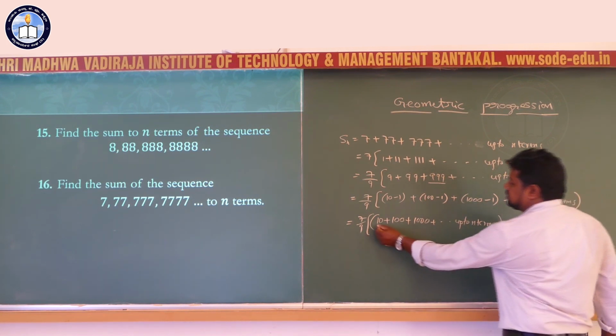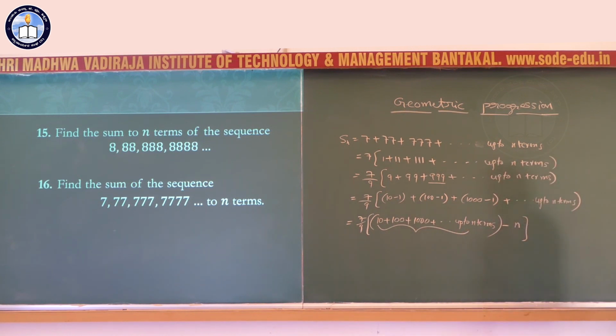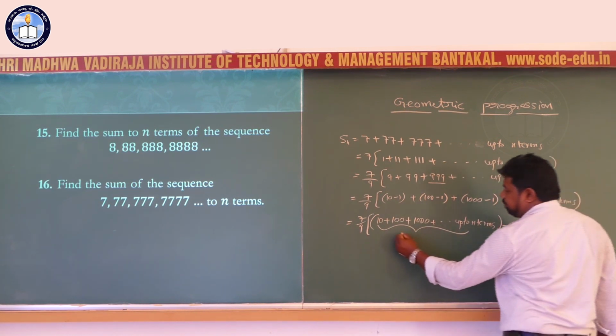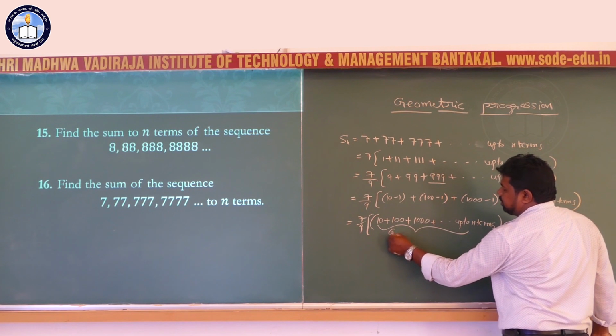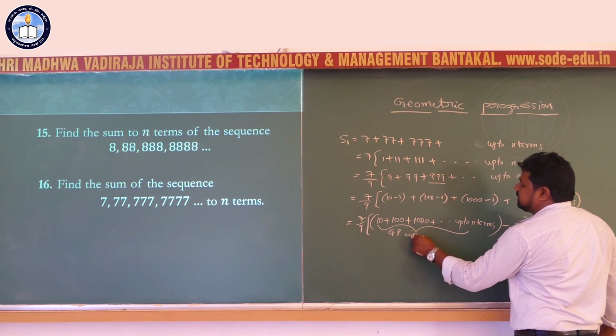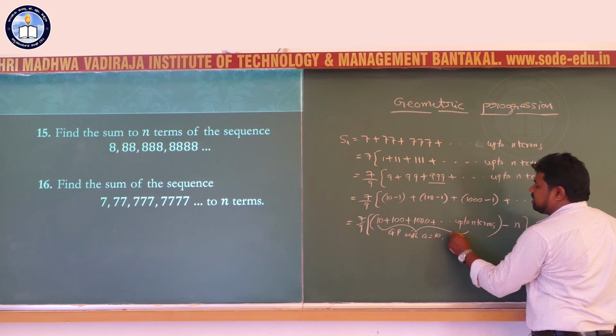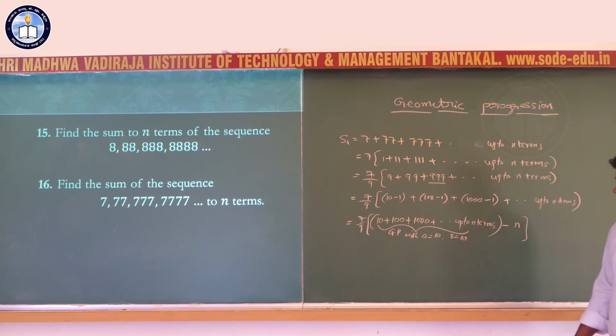This 10 plus 100 plus 1000 is a GP with the first term 10, common ratio also 10.